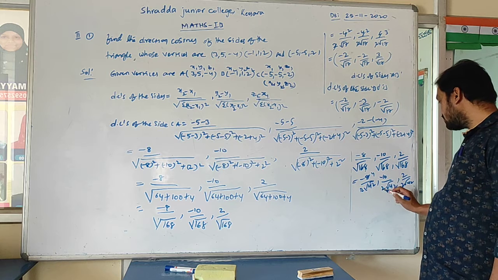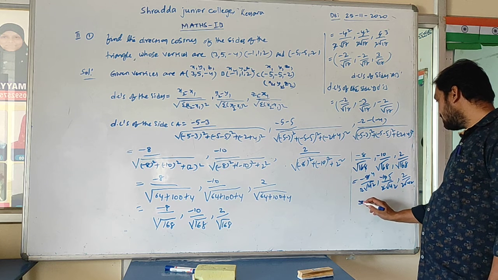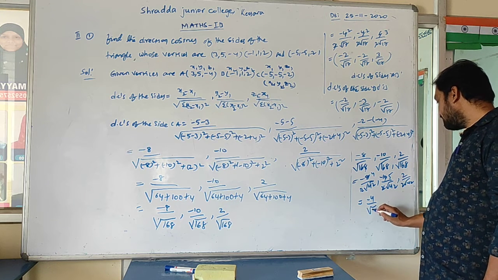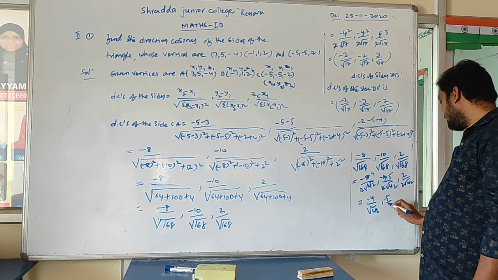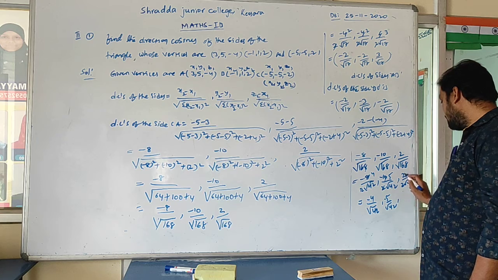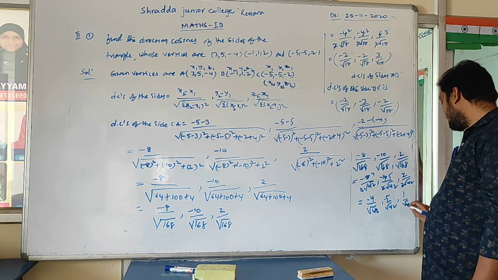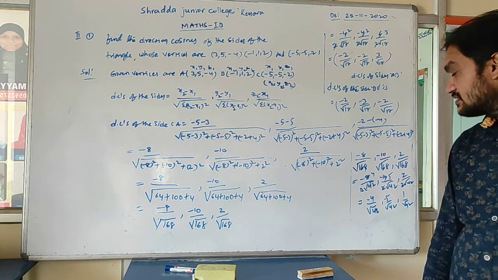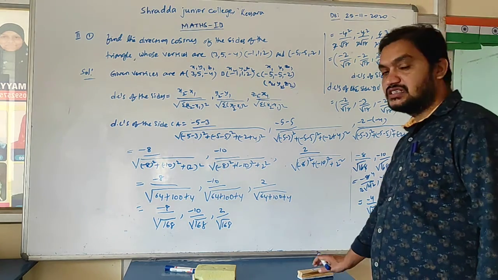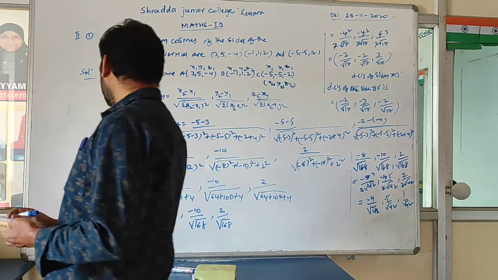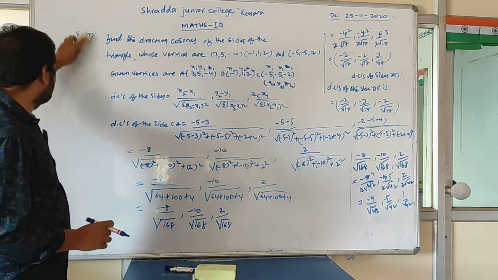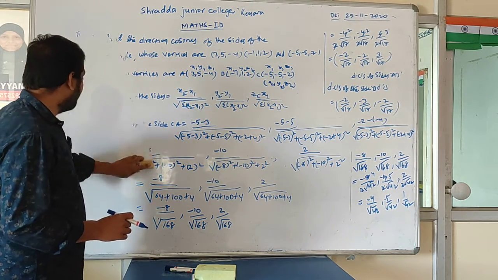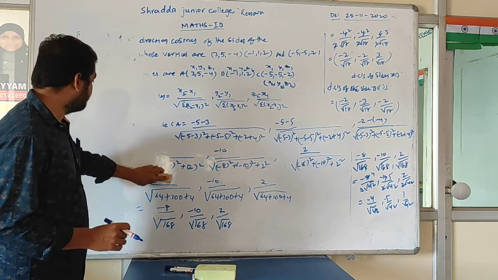That is minus 4 by root 42, minus 5 by root 42, and 2 gets cancelled, that is 1 by root 42. So these are the direction cosines of the side CA. So this is the process for finding the direction cosines of the given triangle.